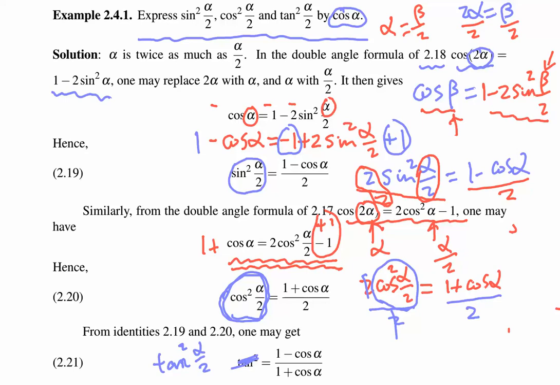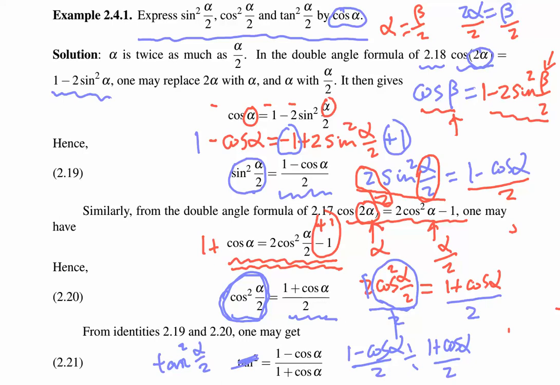So how do you get that? This is the numerator, 1 minus cosine alpha divided by 2. The denominator is the one here, 1 plus cosine alpha over 2.